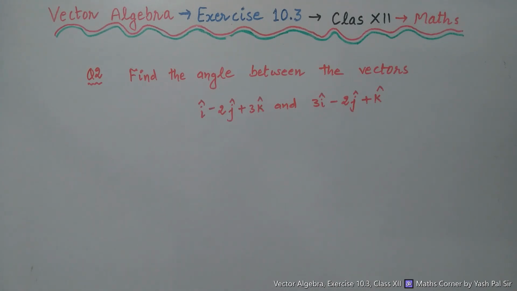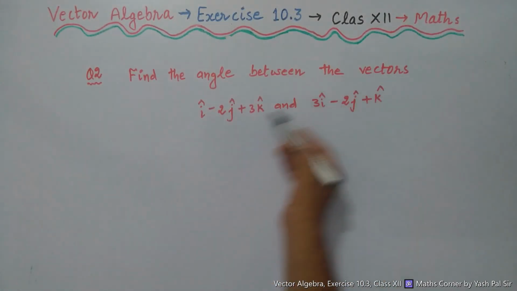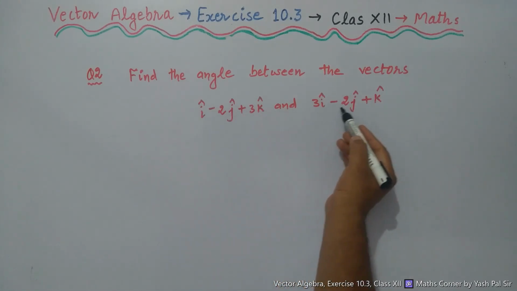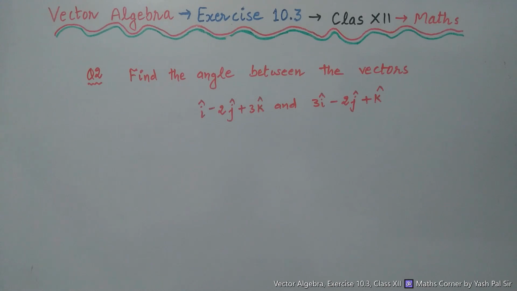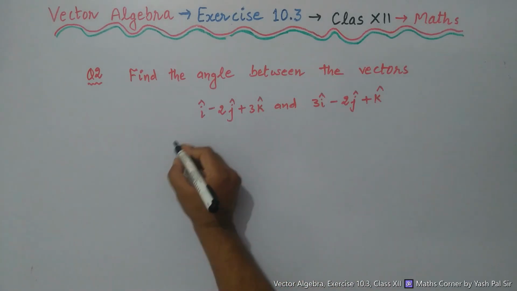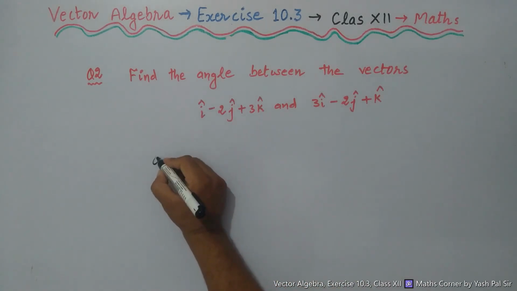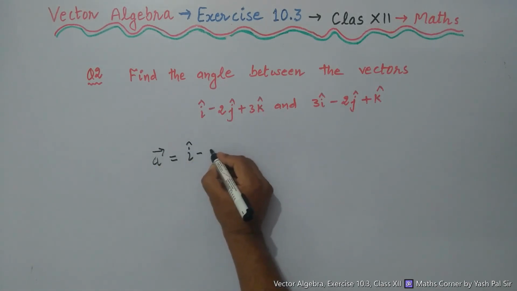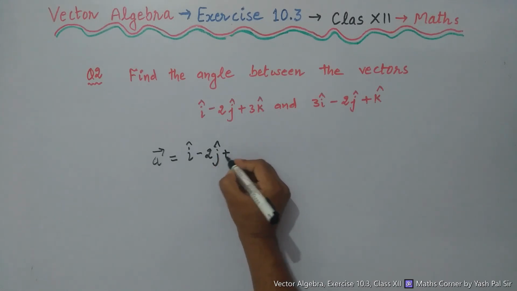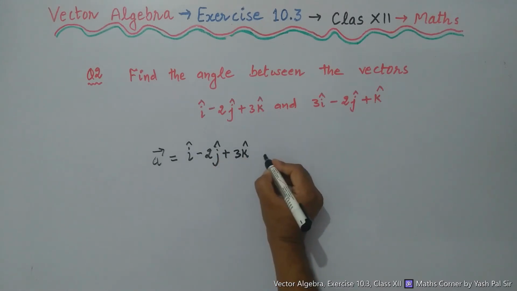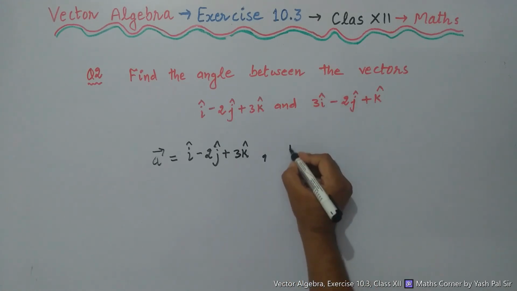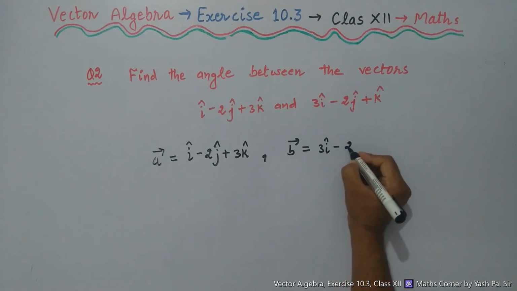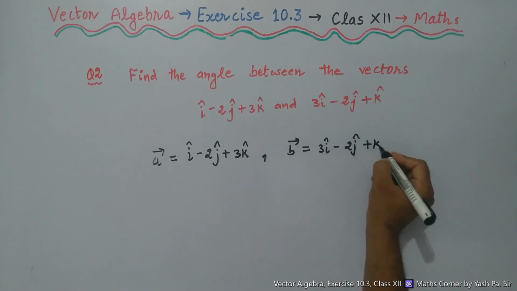Question number 2. Find the angle between the vectors i minus 2j plus 3k and 3i minus 2j plus k. Here we consider the first vector, vector A, equal to i minus 2j plus 3k. Similarly, the second vector, vector B, is equal to 3i minus 2j plus k.